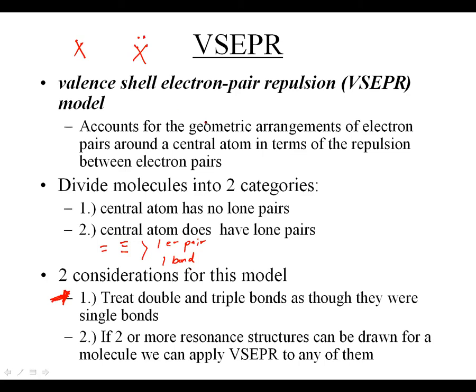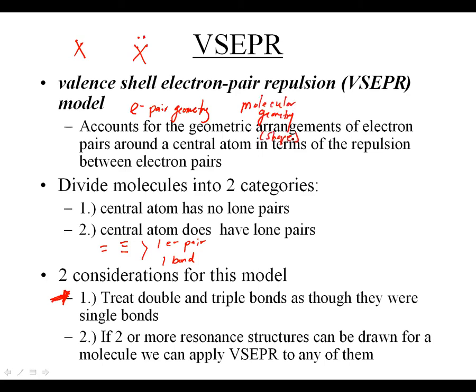When we talk about names, we're going to see two types of names. One is the electron pair geometry, and that describes how the electrons are arranged around the central atom. And the other one is the molecular geometry, which is sometimes referred to as the shape.